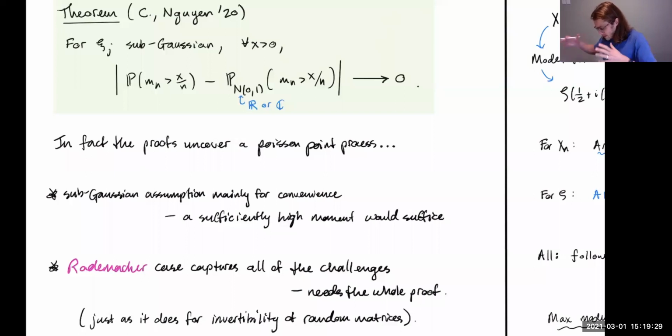There are some other, less interesting but maybe still interesting, directions that depend on further details. But for our result, for the Rademacher case, you need the whole proof. If you have some more regularity, for instance a bounded density, the more small ball concentration you have for the coefficient distributions, you can cut off parts of our proof. But for the Rademacher case, you need the whole thing.